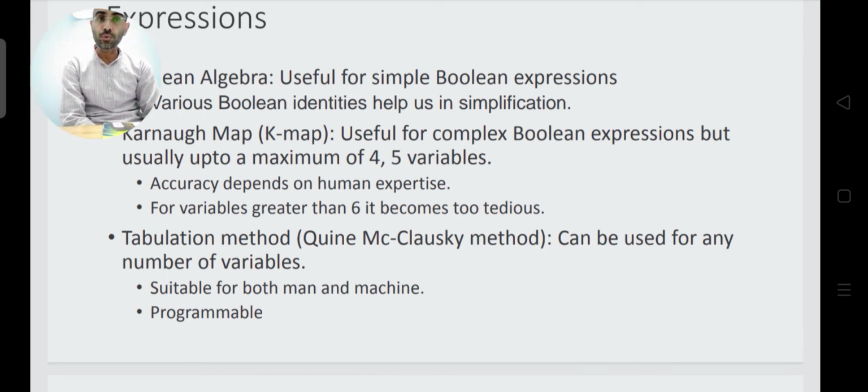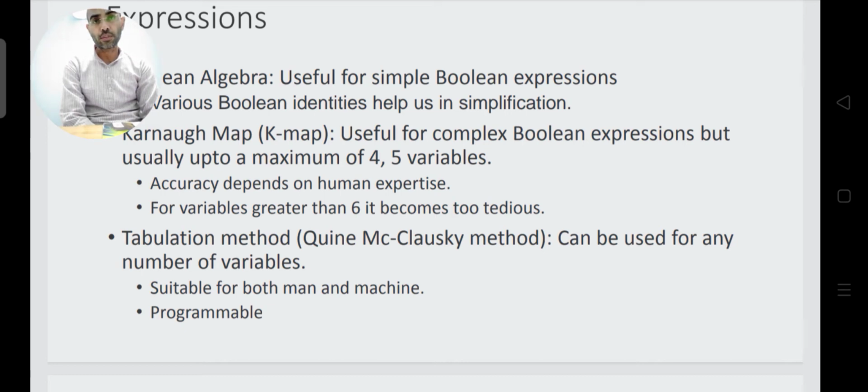If you want to use simplification for those cases where the number of variables involved is too many, then we go for the other method, again known by the name of the scientist who invented it. It is the Quine-McCluskey method, and the other name for the method is the tabulation method. This method is suitable for automation.